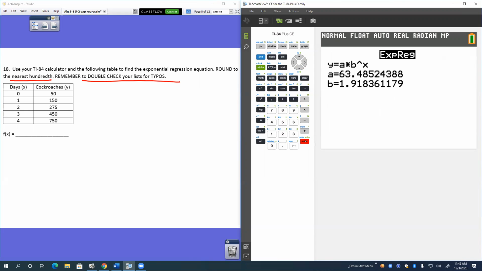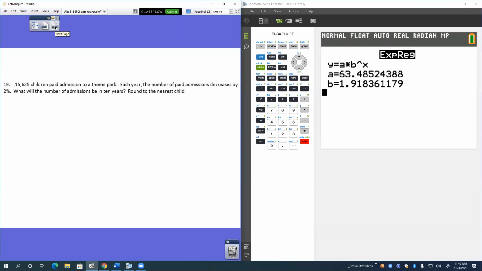That's why our question said round to the nearest hundredth. So our A value would round to 63.49, and our B value would round to 1.92 to the X power. So that's how we do number 18.